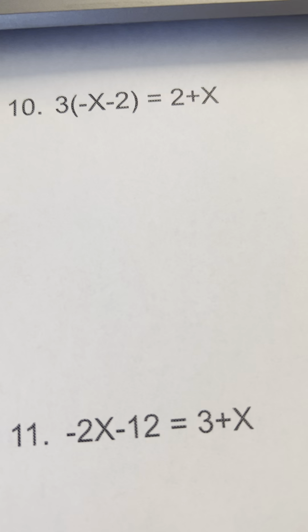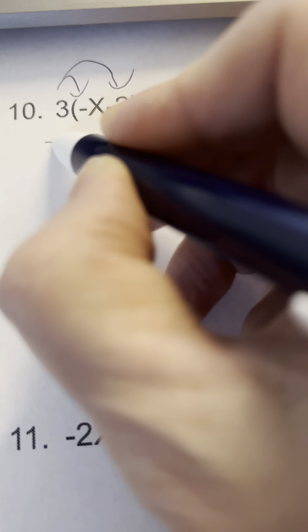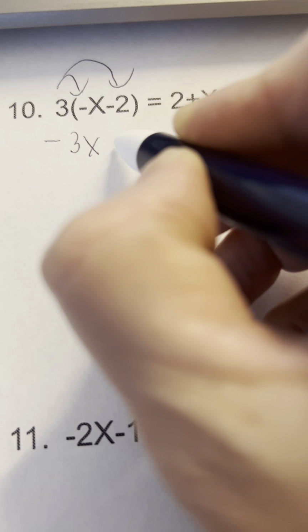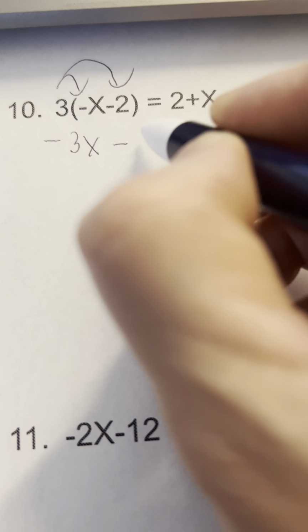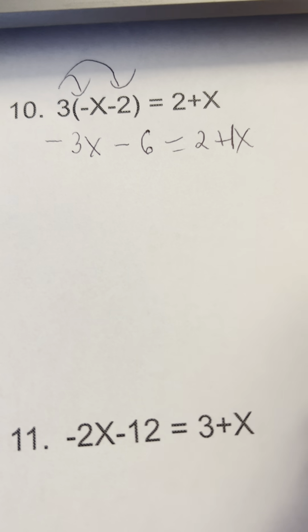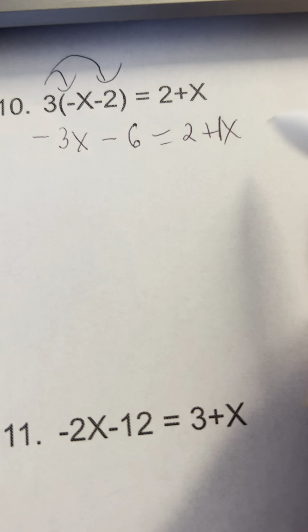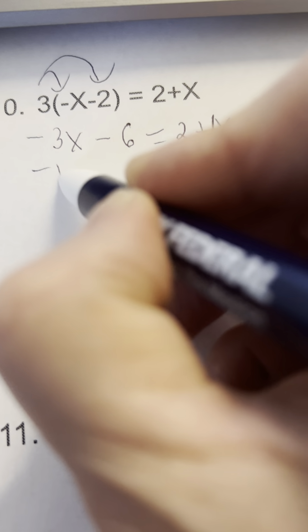Okay, number 10. We are distributing that 3. So -3x. Minus 3 times 2 is 6 equals 2 plus x. I will put my 1 there. So I have 2 terms on this side, 2 terms on that side, so minus 1x.